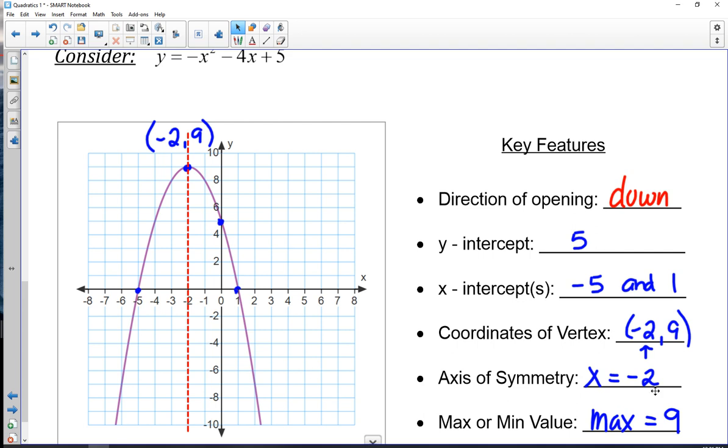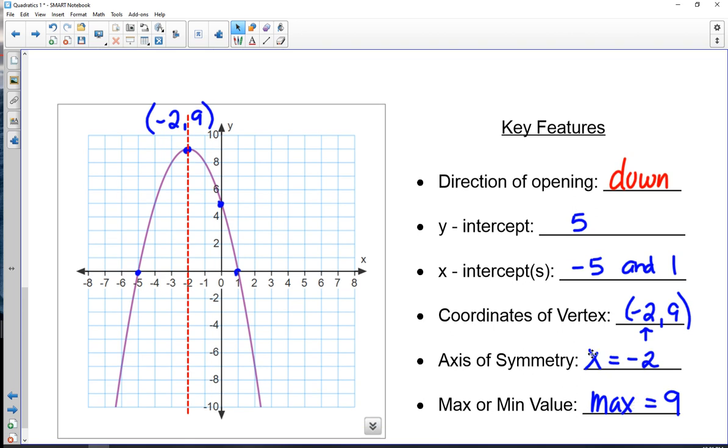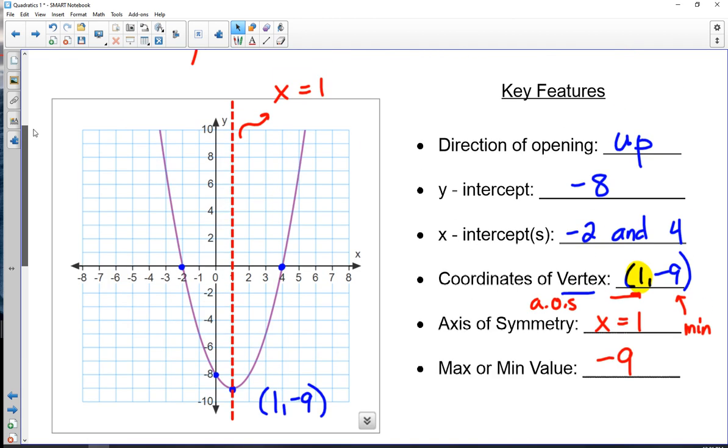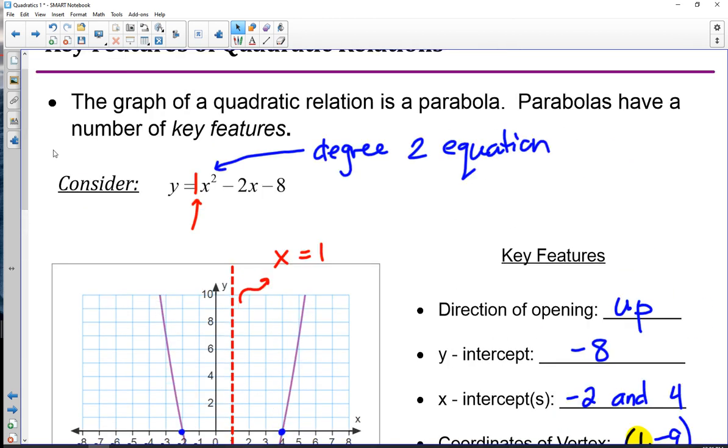The axis of symmetry is really important, and also the maximum or minimum value. Those last two are closely tied to the coordinates of the vertex. So that's a preliminary discussion on key features of a parabola.